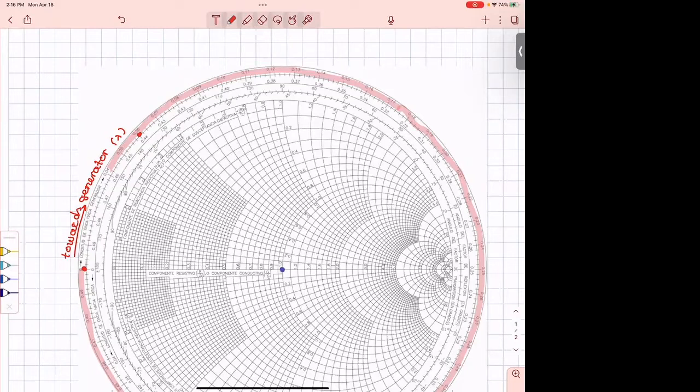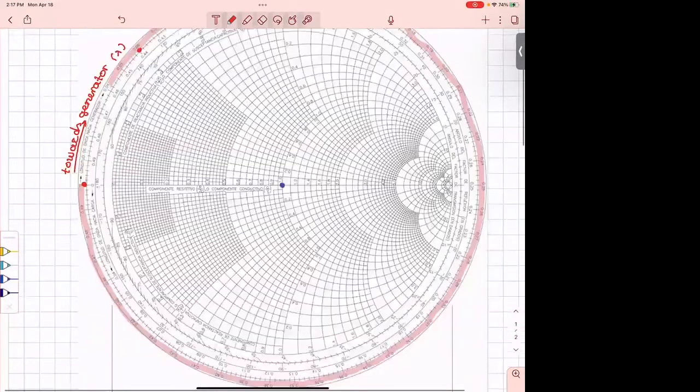And if I keep moving, here is 0.12 lambda. And if I keep moving, here is 0.25 lambda. And if I go all around the circle, I come back to where I was, and that's half a wavelength.